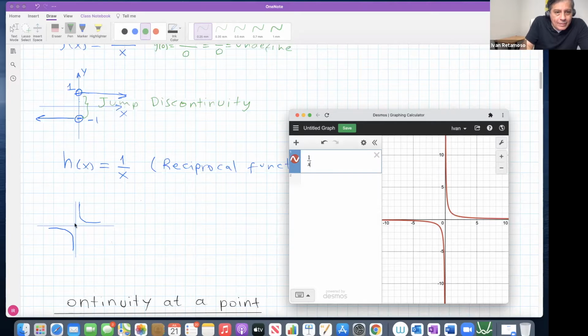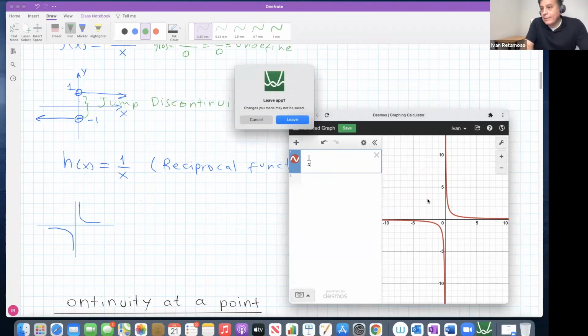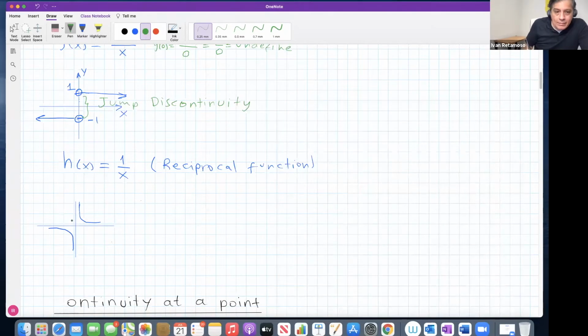So it's worse than this. This segment is bounded, and this one is unbounded. So this type of discontinuity mathematicians call an infinite discontinuity, because what is missing is this whole line. There's no way to fix this. So this is an infinite discontinuity.